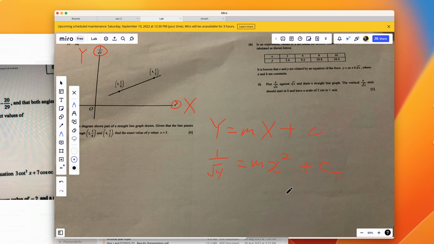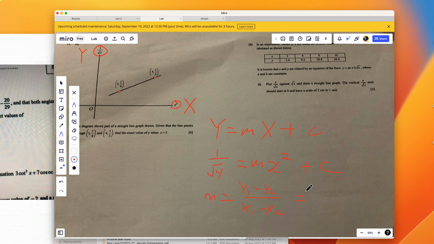How do you find m? Take the two points. Yeah, the gradient, right? How do you find the gradient? So gradient is basically y1 minus y2 over x1 minus x2. But in this case, you should use the big Y. So you just read off: this is your 4 and 1/3, then this is your 1 and 1/4.